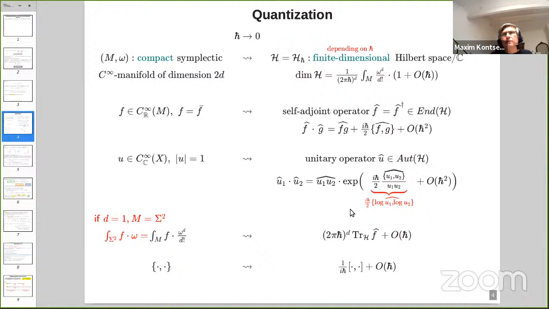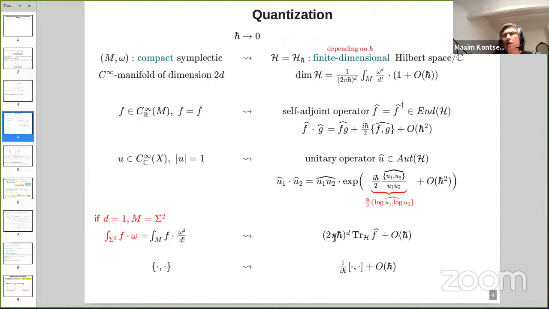Then we can integrate functions on the manifold with respect to the symplectic structure. For example, if we take 1, we get the volume, and it should correspond to the trace of the operator plus higher order terms. Oh, actually, I was wrong, it's of h bar to the d minus 1. So there's a misprint here.